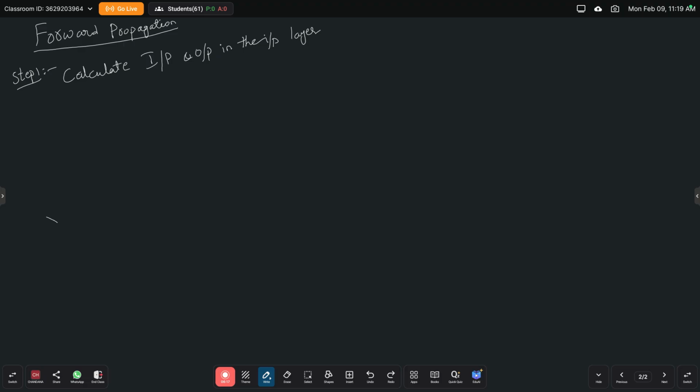In this input layer, it is a direct transfer function where the output of the node is equal to the input. I'll explain with an example here. First, I'm discussing the steps in forward propagation and backward propagation, where the output of the node is equal to the input.